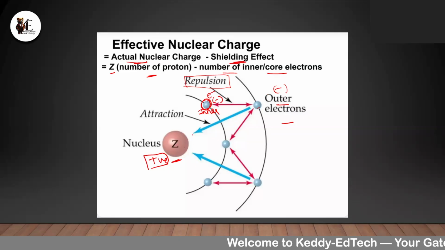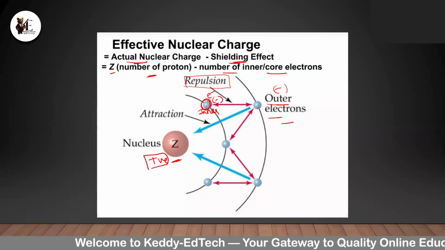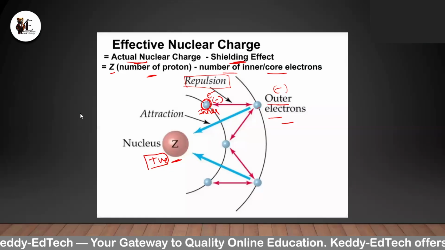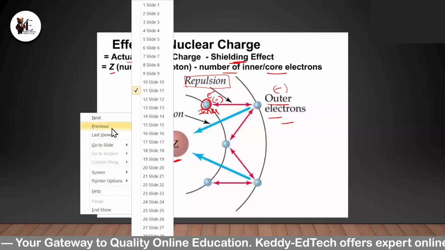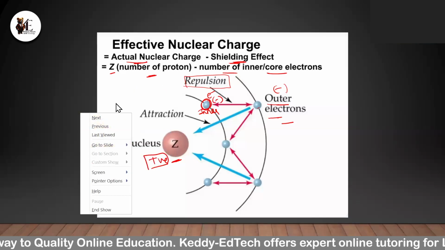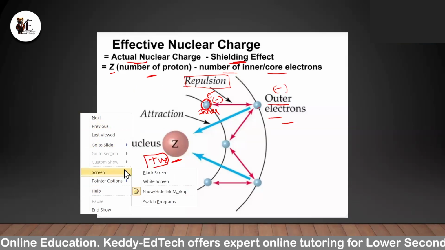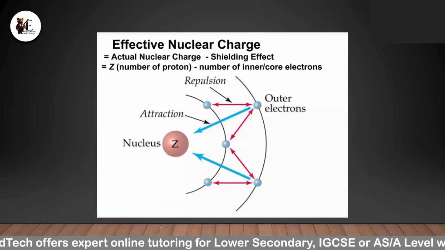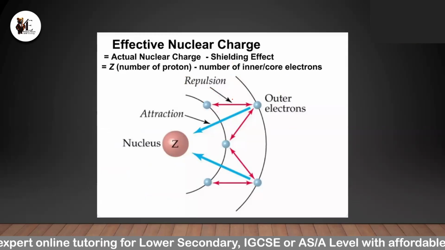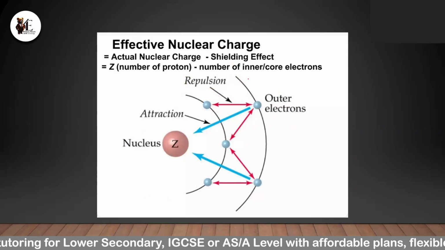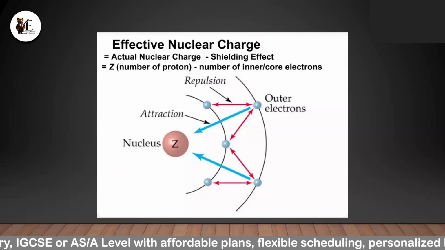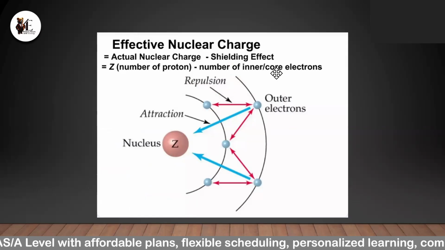That's why your effective nuclear charge decreases for these outer electrons, due to the shielding effect of the inner electrons. Please draw it in your notebook. This is a better visual representation of nuclear charge, where positive and negative attract each other, and the negative inner electrons and negative outer electrons repel each other.